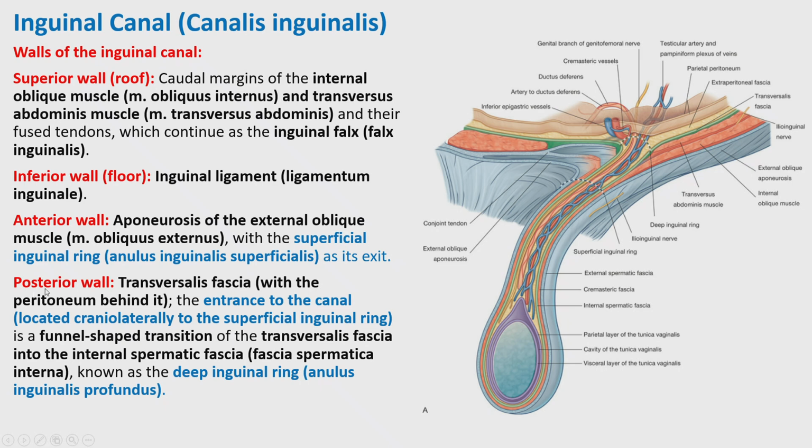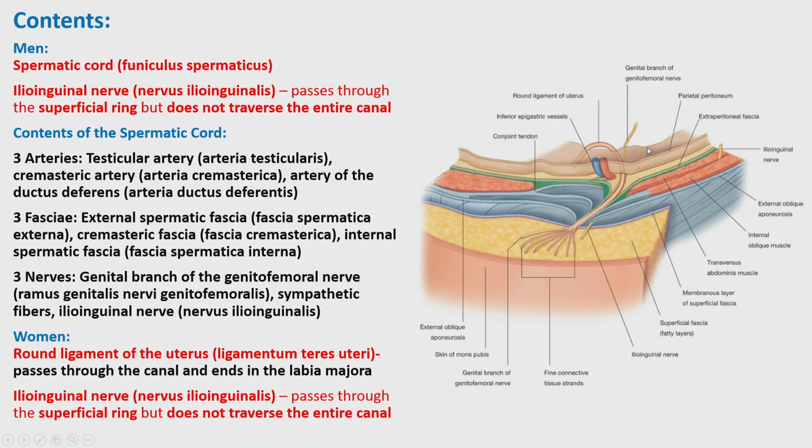The posterior wall is made by the transversalis fascia, which is the entrance to the canal, and there is a place where the deep inguinal ring is located here, annulus inguinalis profundus. In men, we said, there is a spermatic cord, and in the female there is a ligamentum teres uteri. The round ligament of the uterus is passing through this canal.